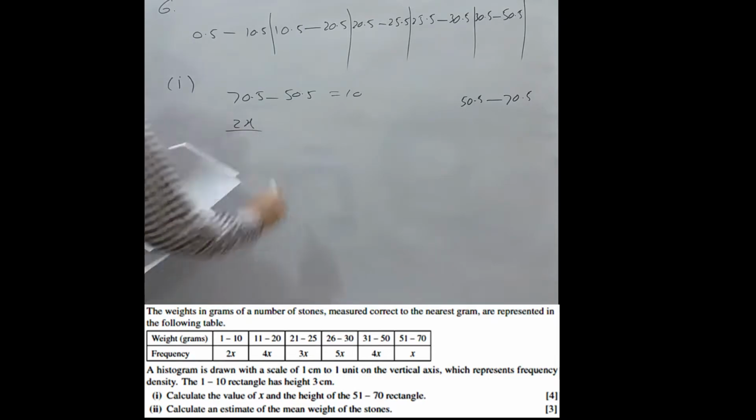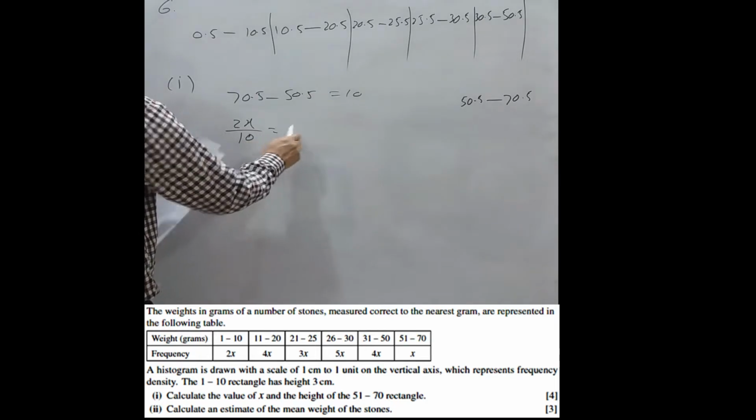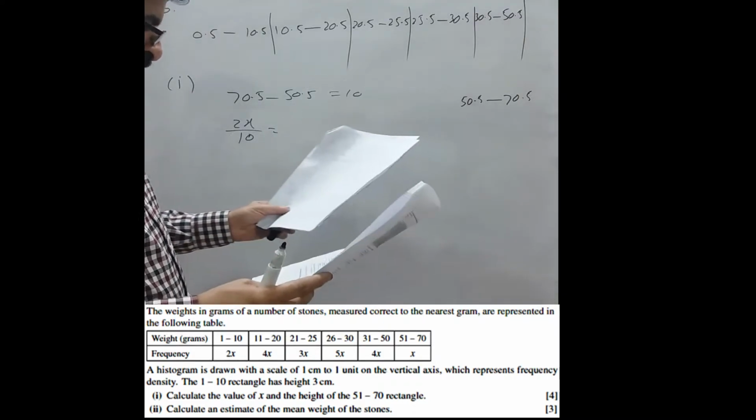Frequency divided by class width is equal to frequency density.